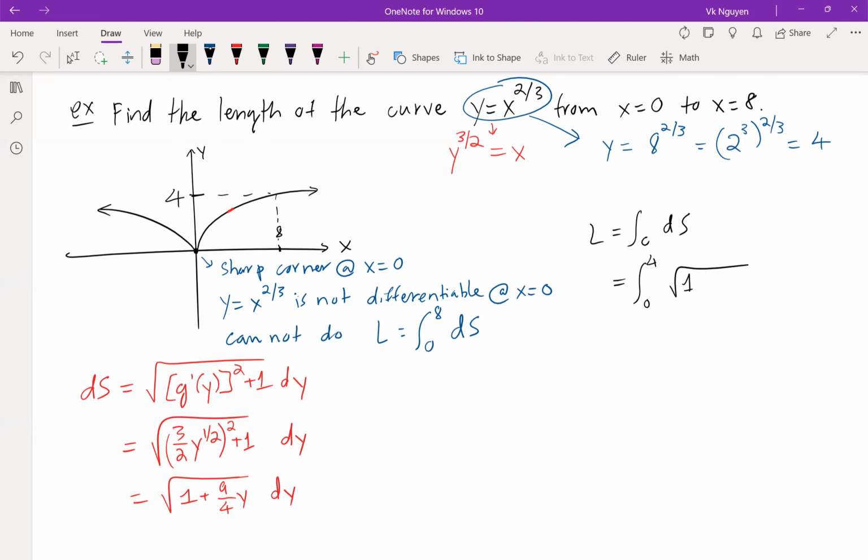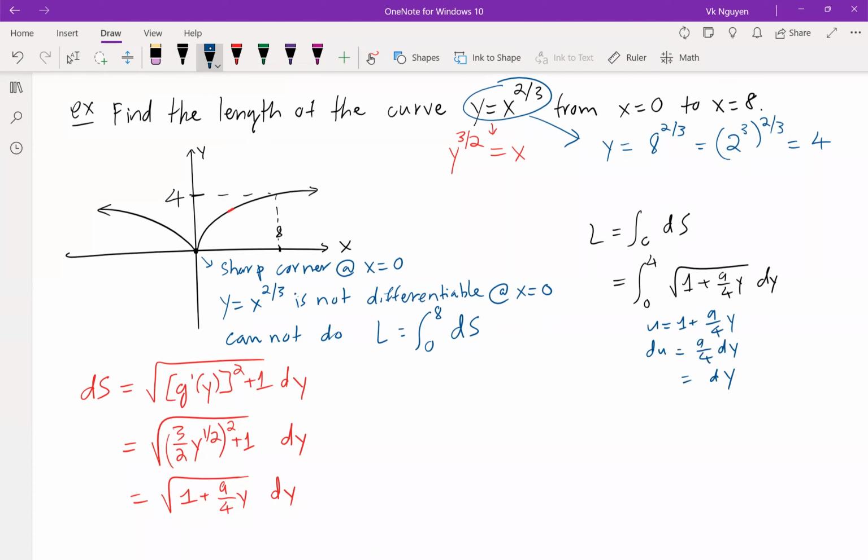Root of 1 plus 9 over 4 y dy. And then we just have to do a simple u sub here. u equal 1 plus 9/4 y. du is 9 over 4 dy.